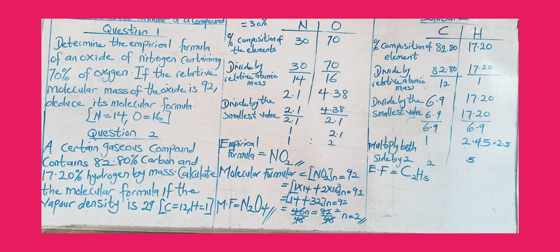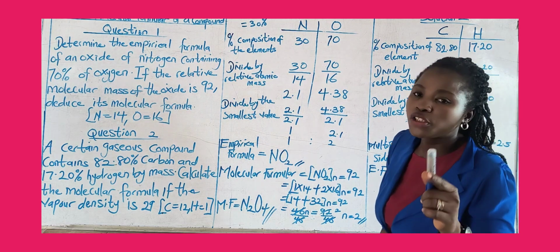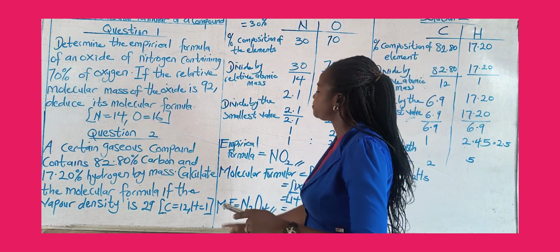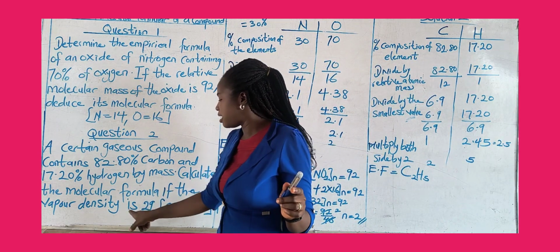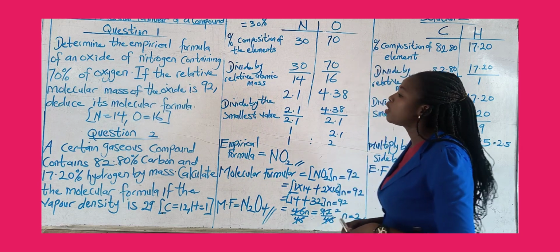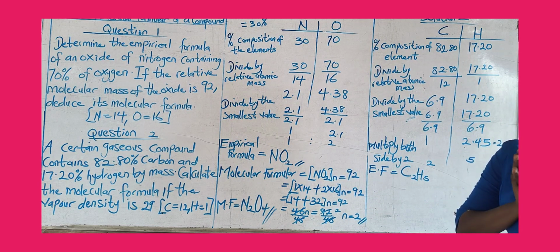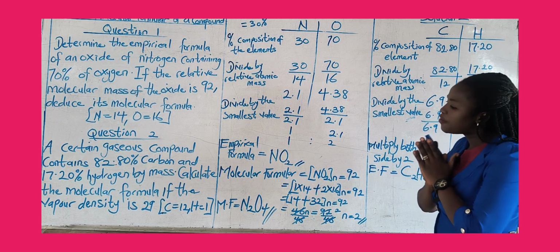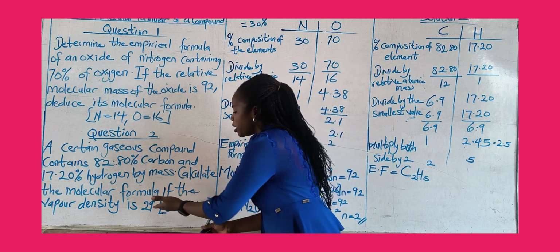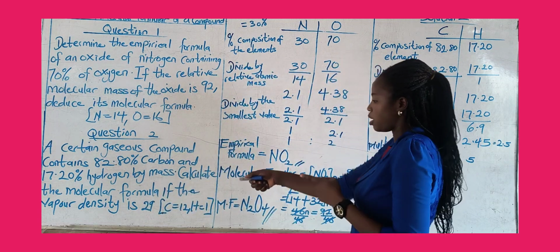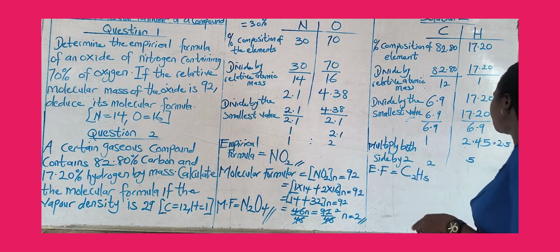C2H5. Well, we don't stop there. Why? The question still continues. It said calculate the molecular formula if the vapor density is 29. We are not given the relative molecular mass here, we are given vapor density. You have to multiply vapor density by 2, the number given in the question.